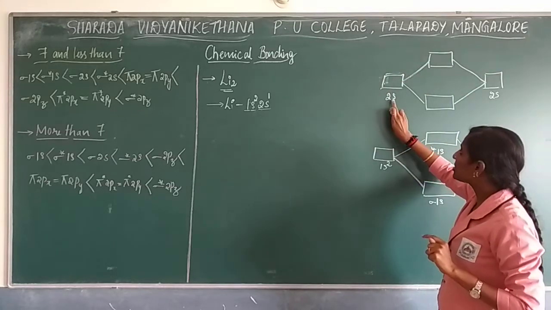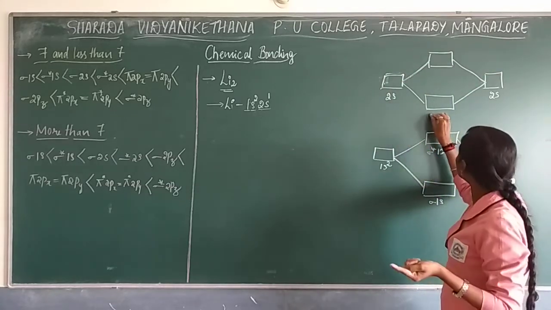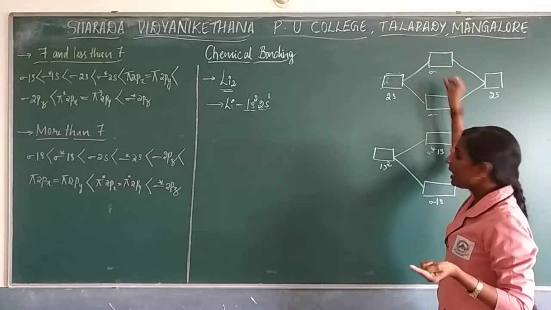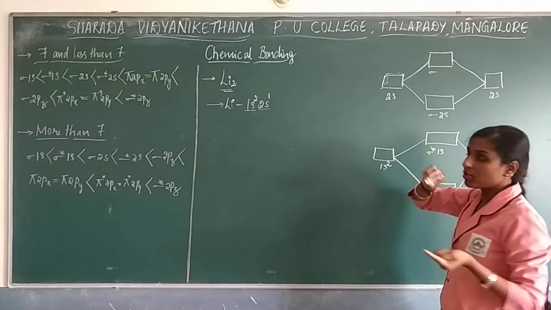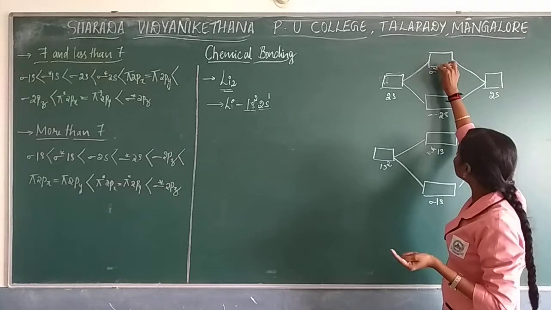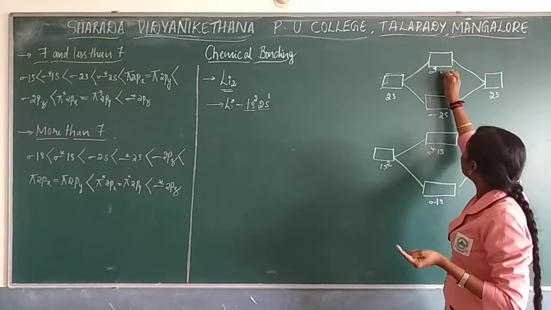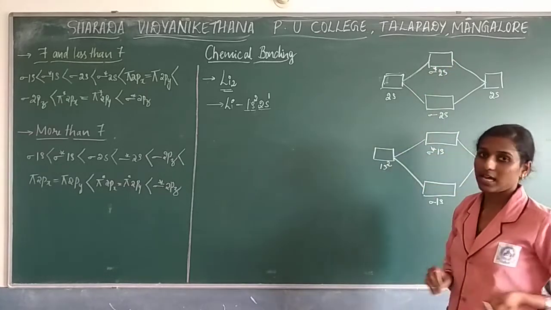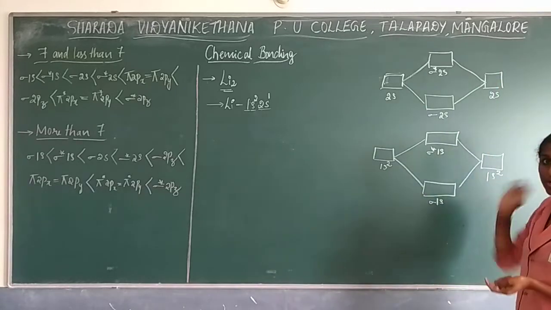Here it's the same thing. S orbital, obviously sigma will come. So sigma 2s which is lower energy, and this is higher energy, so you need to mention star. Sigma star 2s. I guess you understood how to write the MOT structure.